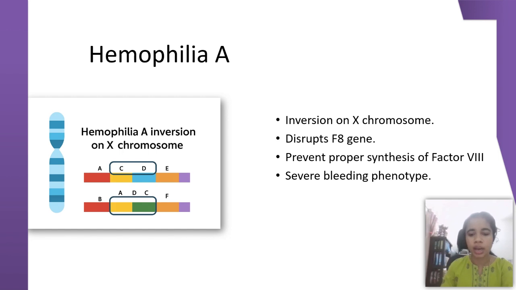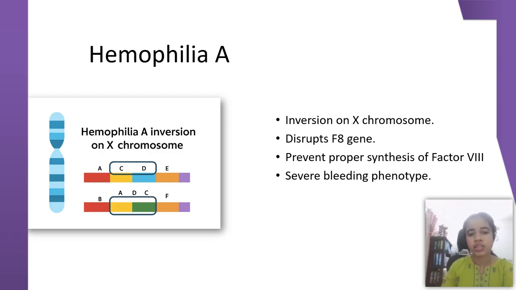Clotting can't happen quickly, and that leads to prolonged bleeding phenotypes. Hemophilia A occurs because of inherited mutations in the F8 gene or spontaneous mutations happening during egg and sperm formation, sometimes because of large inversions within the F8 gene itself.